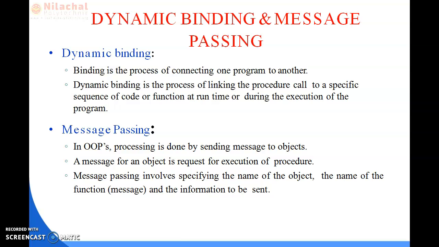In message passing, processing is done by sending messages to objects. A message for an object is a request for execution of a procedure. Message passing involves specifying the name of the object, the name of the function, and the information to be sent. In message passing, we can pass messages from one class to another class by using objects.